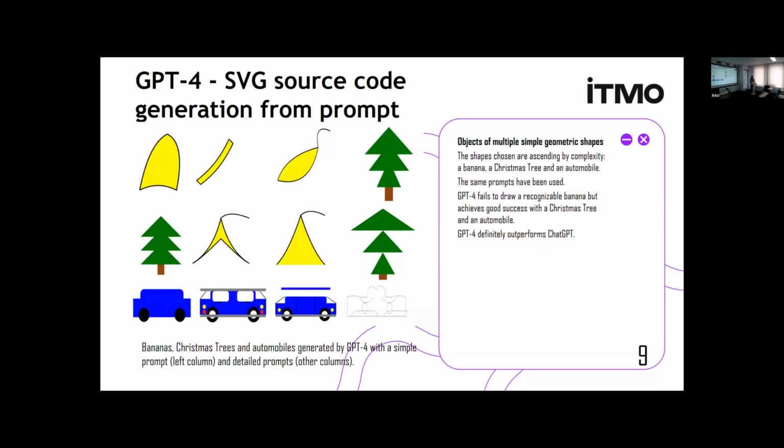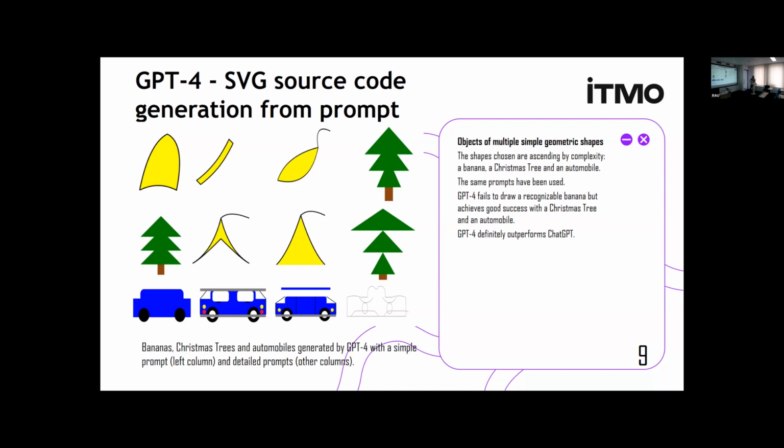Then the same experiments were repeated with the newer model, GPT-4, and there is no need to talk about simple geometric figures because it was as successful as the previous model with them. And about the objects of multiple simple geometric shapes, here you can see the same bananas, Christmas trees, and automobiles.